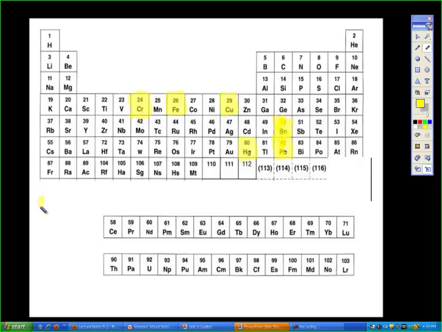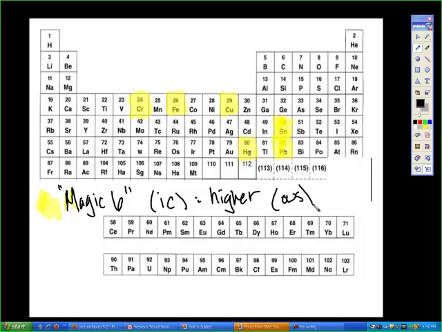Those are your magic 6. I'm going to do a little key there. For your magic 6, the ic is going to be the higher of the two charges, and the ous is going to be the lower of the two charges.